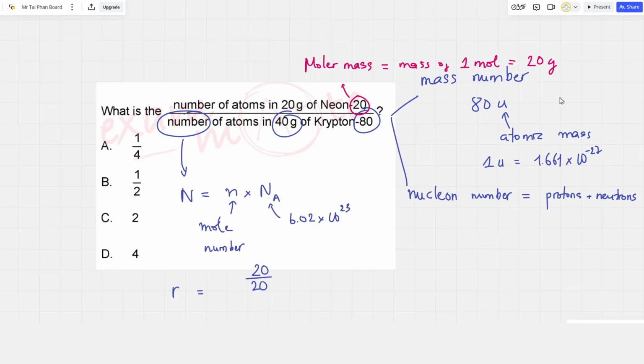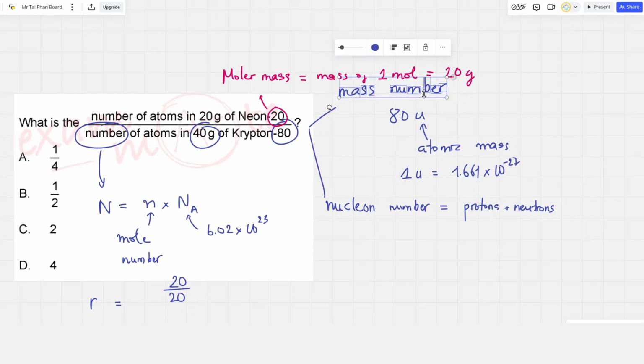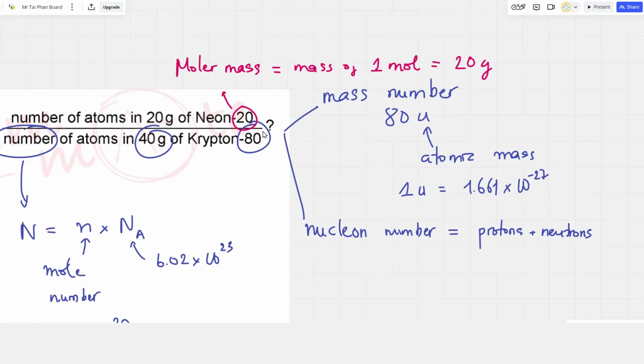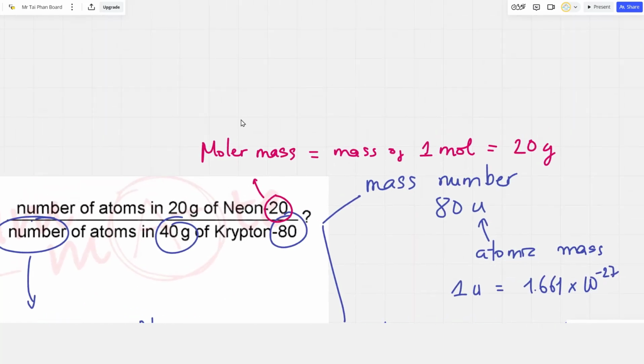Okay. Cái điều nó hơi kỳ lạ ở đây ấy, là cái mass number là U này, atomic mass 80 U thì nó cũng bằng với cái molar mass. Thầy sẽ prove cái này nhé, molar mass của neon này.